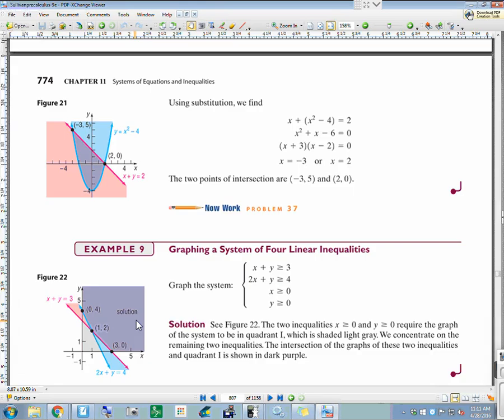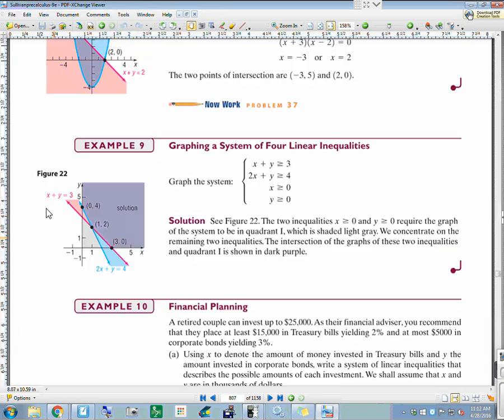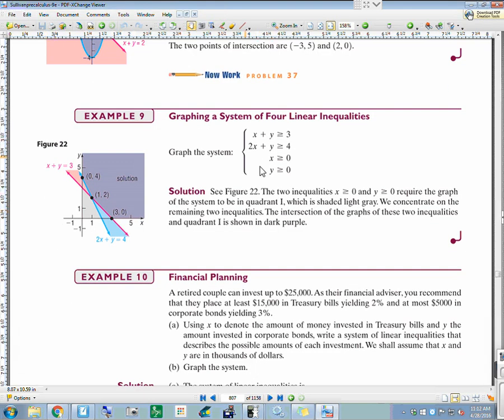All we're going to be looking at here is just graphing the lines and seeing where they overlap, graphing the curves, seeing where they overlap. It does not matter how many of them you have or what kind of equations that you have. If you get down here, graphing a system of 4 linear equations. X has to be greater than 0. Y has to be greater than or equal to 0. So it can't be anywhere in the second, third, or fourth quadrant. It can only be in the first quadrant.